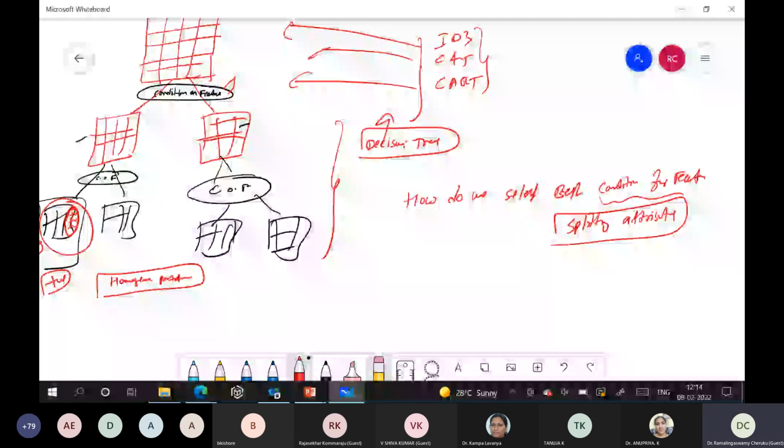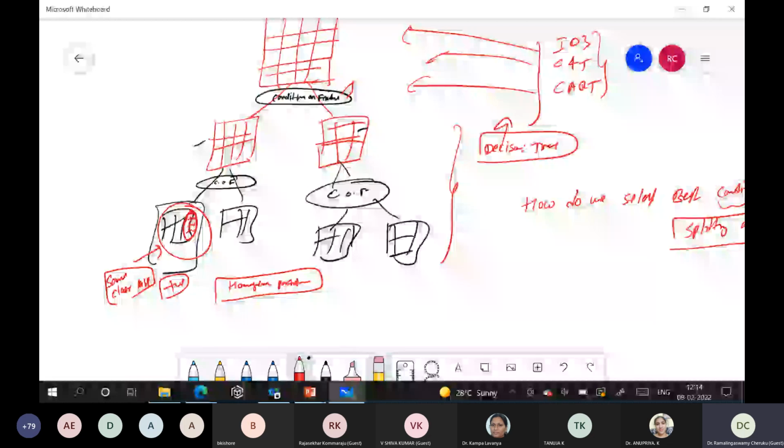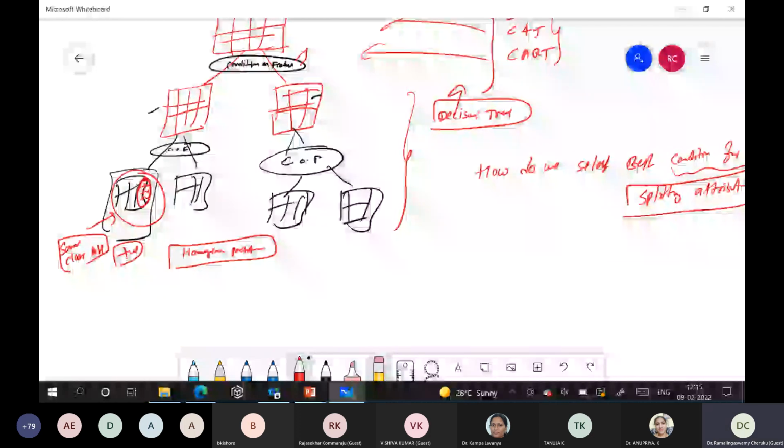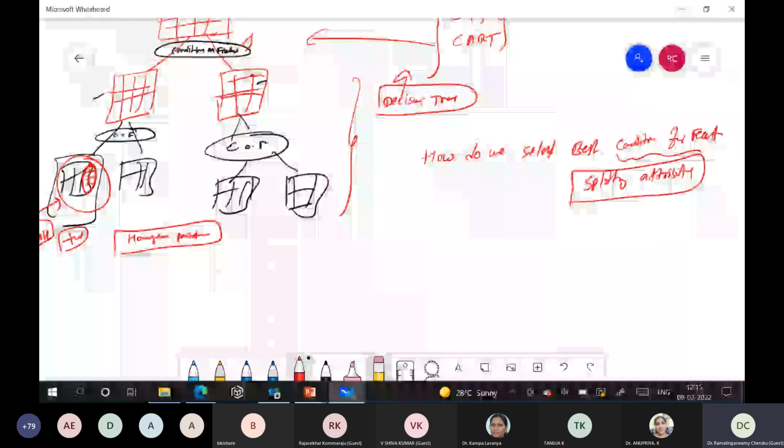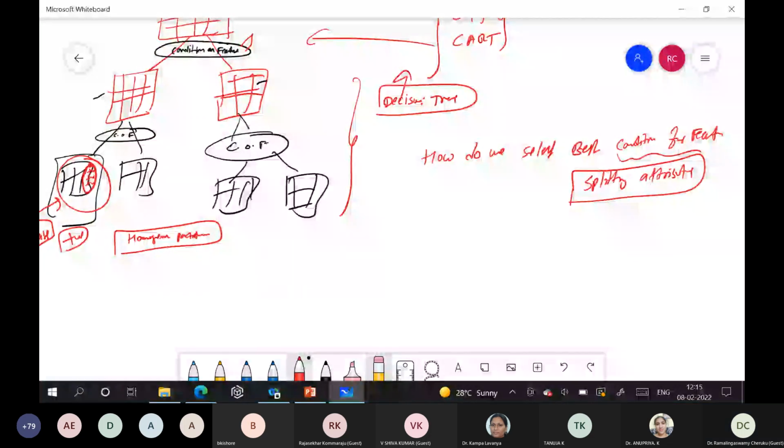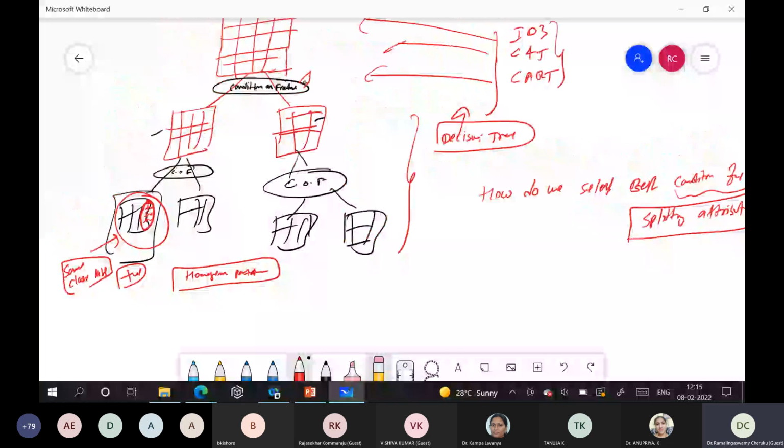What is your idea of splitting? Once you split, it should create homogeneous partitions, and for that you have to choose your splitting attribute.